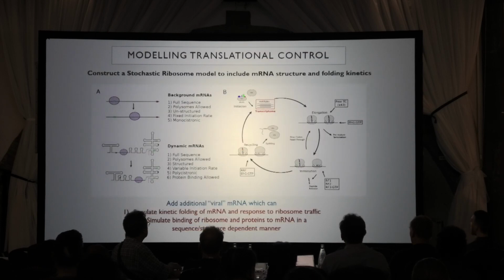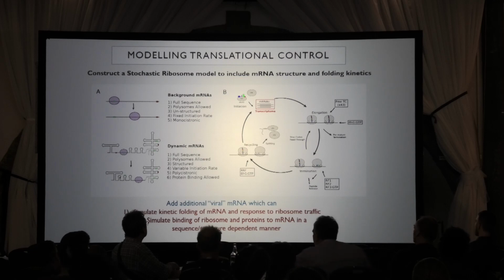Then the next step was to incorporate RNA secondary structure and folding kinetics into this. The big idea is that you've got the transcriptome of the cell, so 5,000 host mRNAs being translated by 60,000 ribosomes in the host cell.